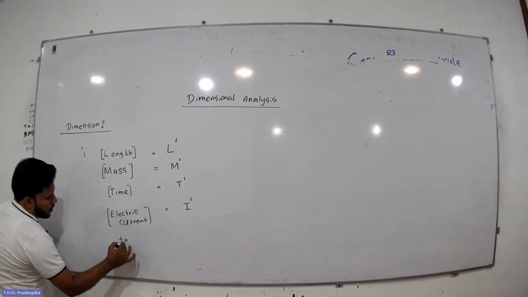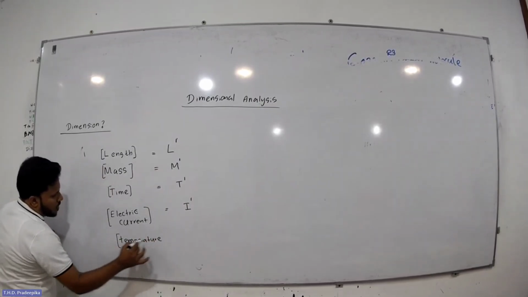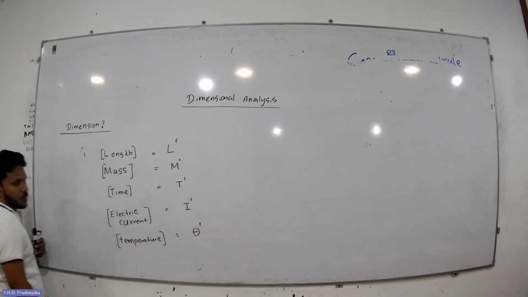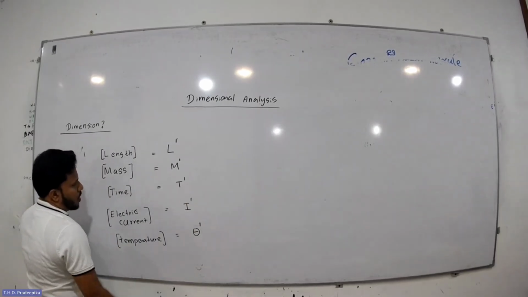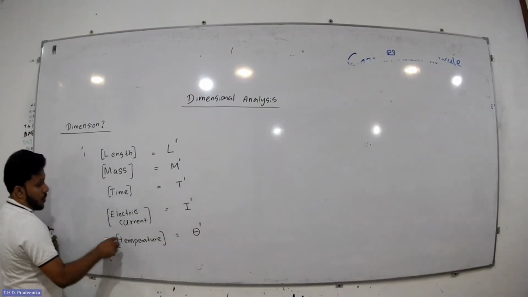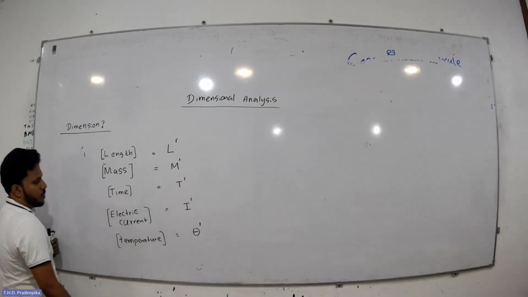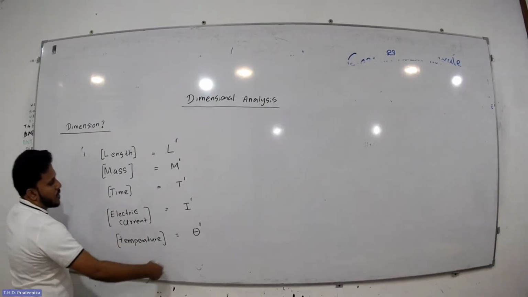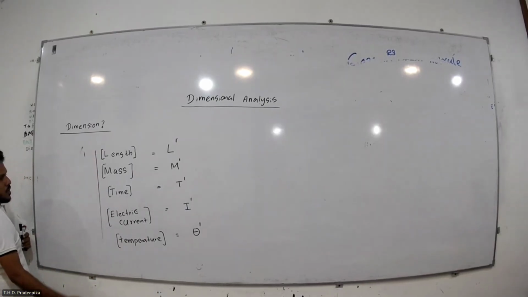For thermodynamic temperature, the symbol is theta, dimension 1. There are also amount of substance, mole, and luminous intensity, but these are the main symbols.